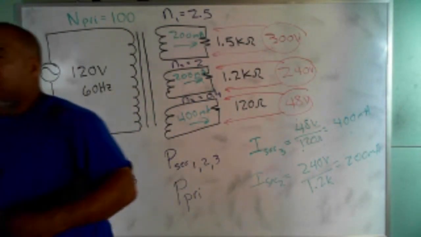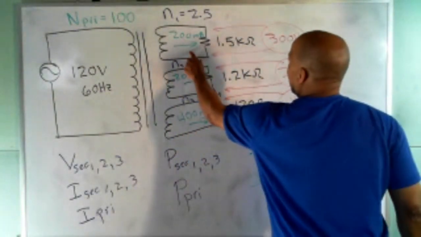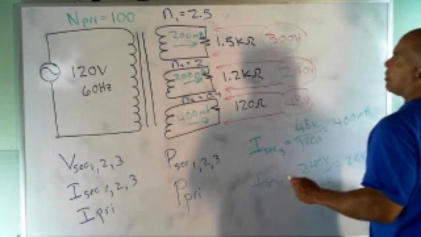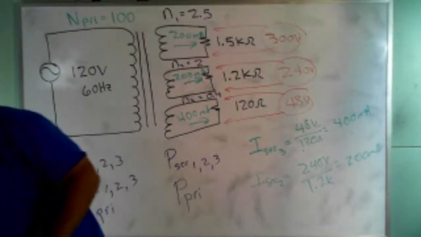And then let's get our total power. So this is just V times I. So I got 300 times 0.2 is what? 60. Is that 60 watts? We're calling it watts, right? Because we're talking about across the resistor. Yes. Good point.